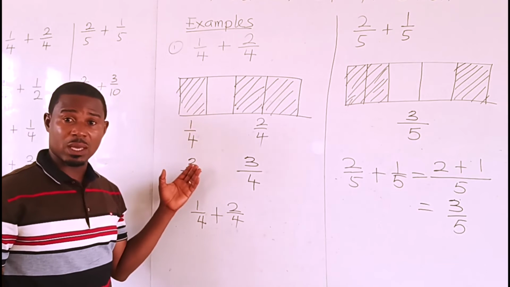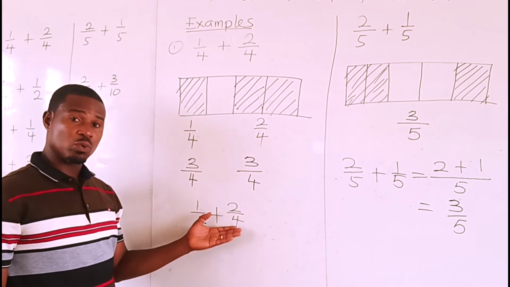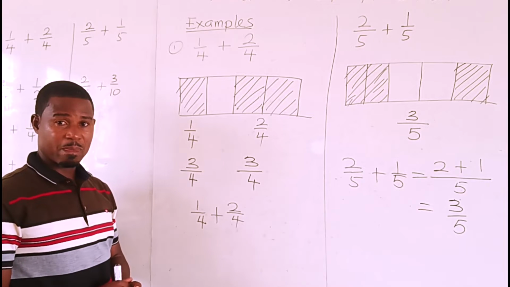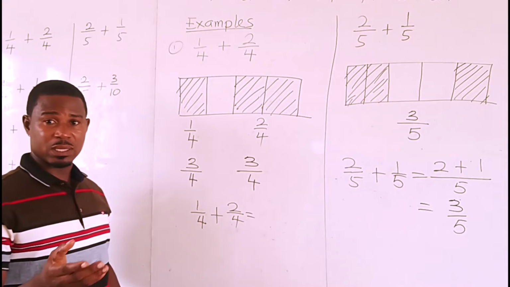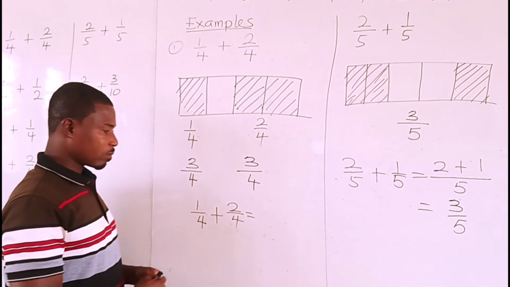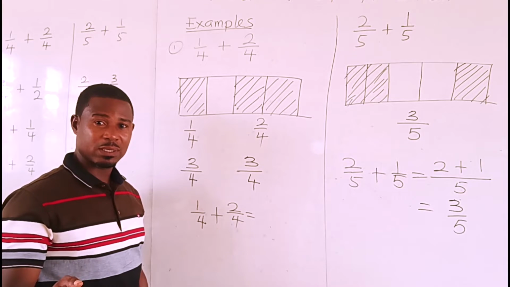So our problem here says 1/4 plus 2/4. We need to interpret the problem, or perhaps we can use the word decode the problem.